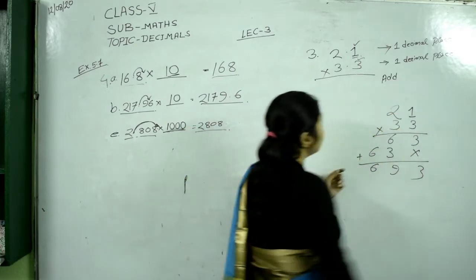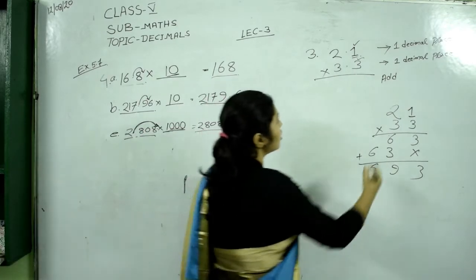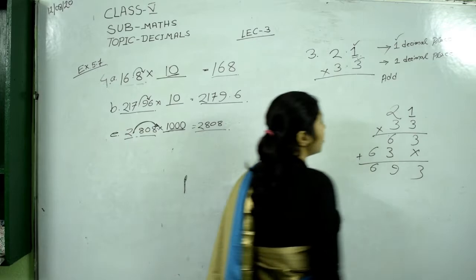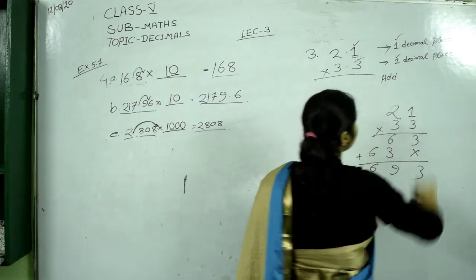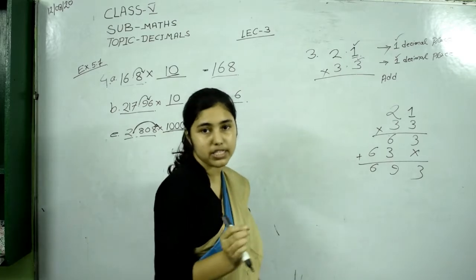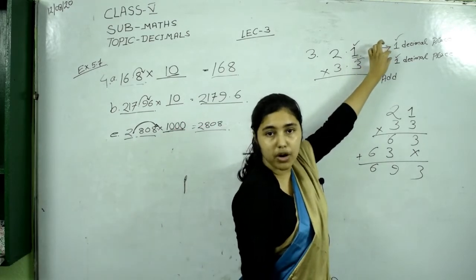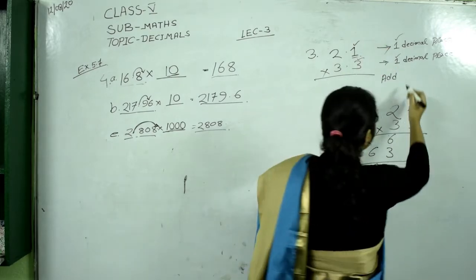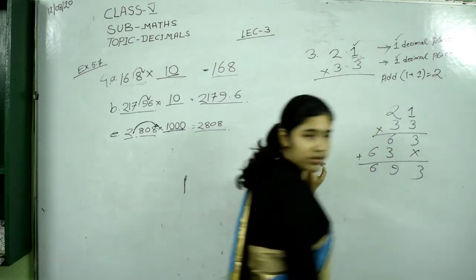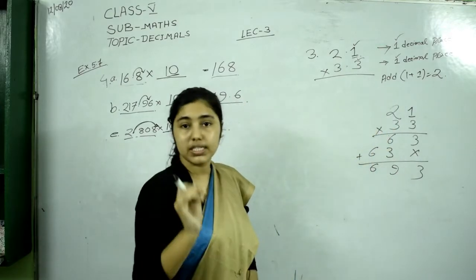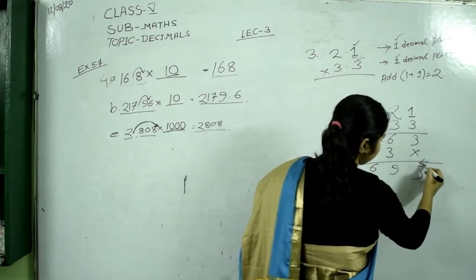Now add the number of decimal places, which means in our first number we have 1 decimal place, and in our second number we have also 1 decimal place. So 1 plus 1 is equal to 2, right? Now insert the decimal point from right.